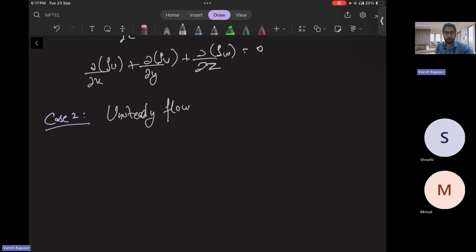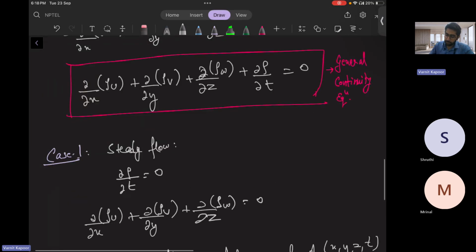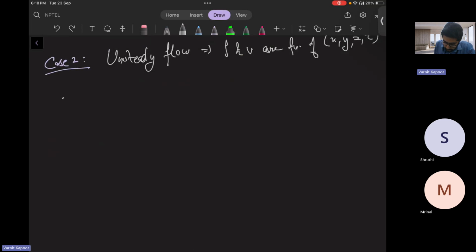So that means density as well as velocity are both functions of space as well as time, that is, functions of x, y, z. So you can now take the derivative of each term through the chain rule. First take the density out: rho ∂u/∂x, then take the velocity out: u ∂rho/∂x.